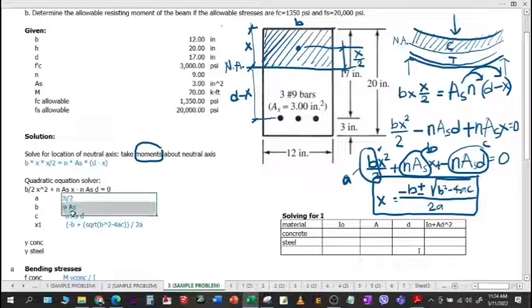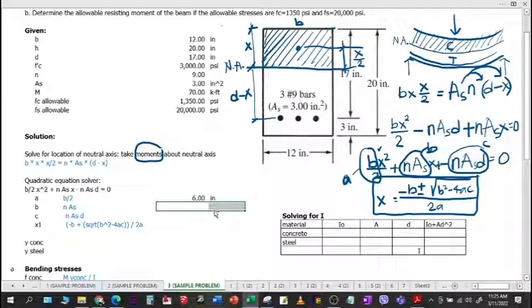So with all three already identified, we can solve the quadratic equation. So what is our b over 2? b over 2 is simply 12 over 2 or 6. So that is 6 inches. And our b is nA_s. n is 9 and A_s is 3.